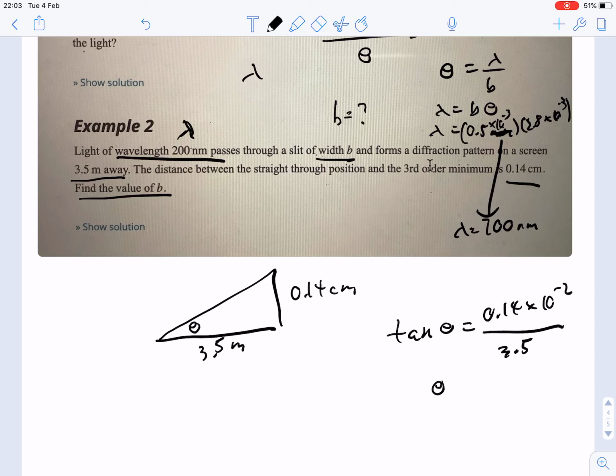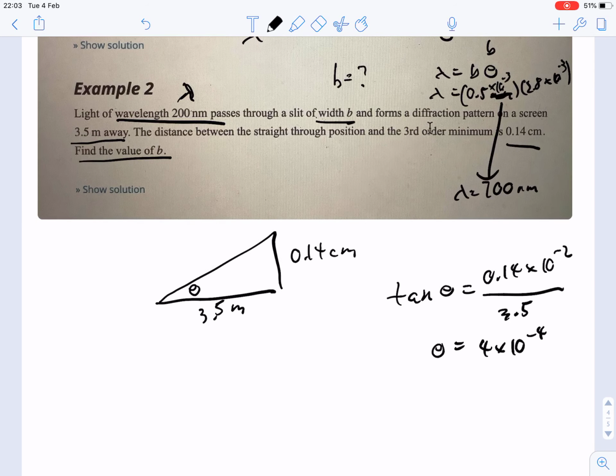If we compute that, we get roughly 4 times 10 to the power of negative 4. Keep in mind that was the third order minima, so we're not quite at the actual angle yet.